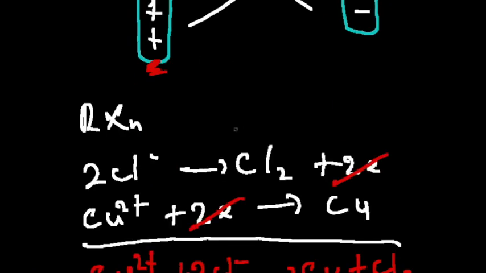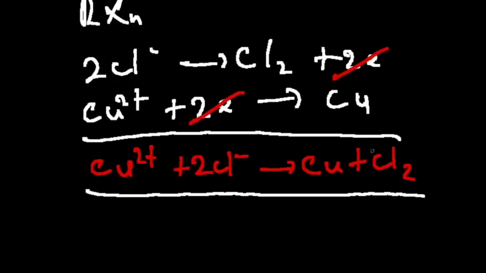In this reaction, we're going to have this as the total reaction. So we have chloride ions losing electrons, and you can see that here in this reaction. And we also have the copper ions gaining electrons to become neutral.